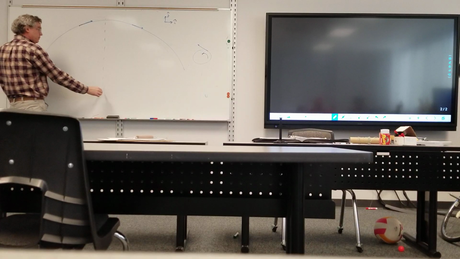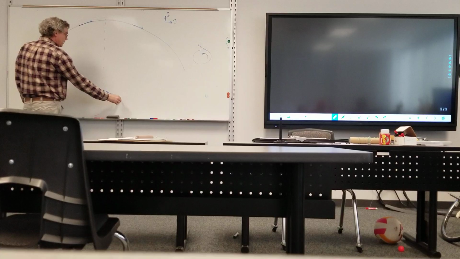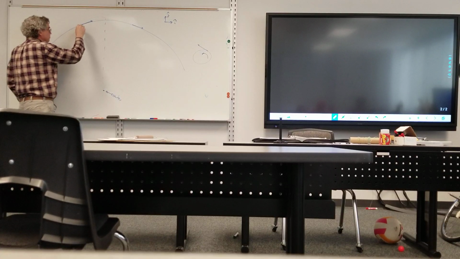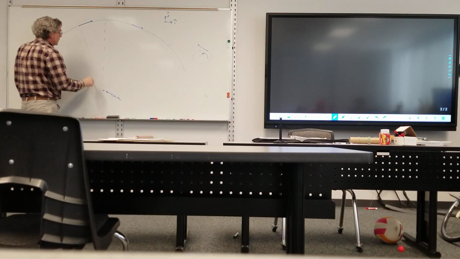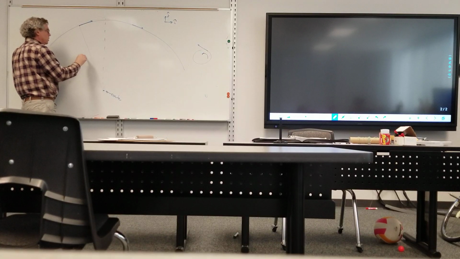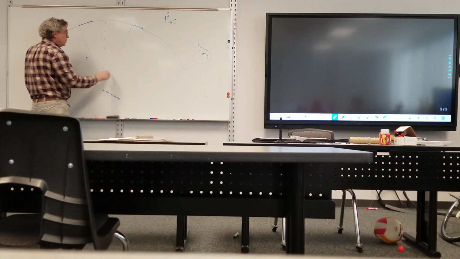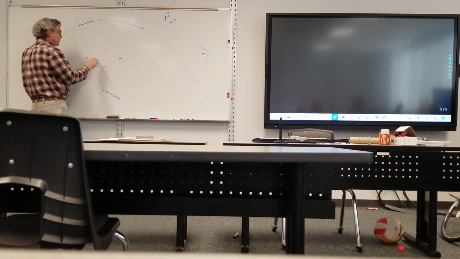So what I do is, if that's the center of the circle there, so center, some radius r, we'll go with the lower r. And this angle and this angle are the same.